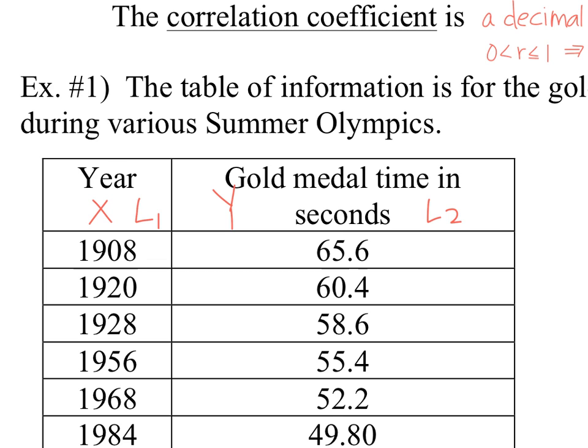You hit clear and enter and erase it. And then you can just take a minute and enter 1908 as your first data entry in list 1, and then 1920, 1928, and I'm just copying the data from the worksheet. So go ahead and fill in the rest of the data for the years.